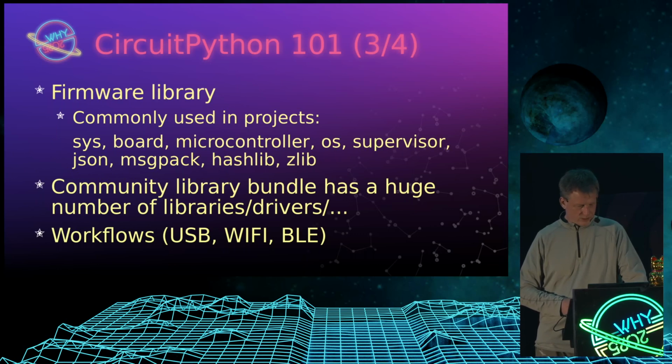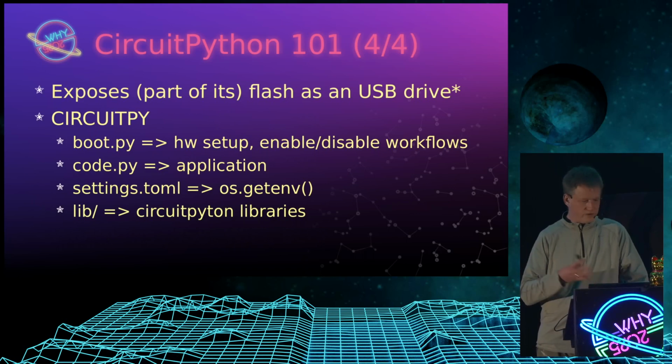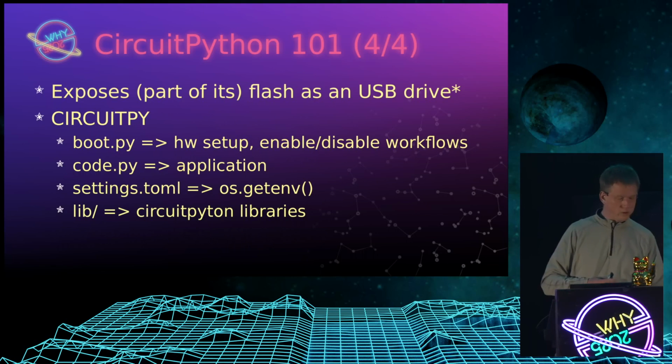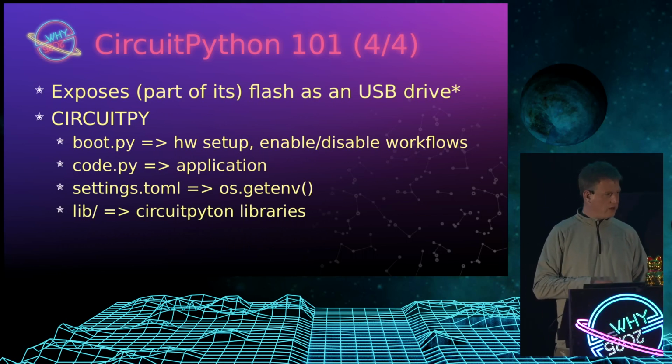Next part, and I just mentioned this, CircuitPython by default exposes part of its flash as a USB drive. So let's say you have 256K or 512K of flash. I don't know, half of that we used for code, for the CircuitPython runtime, a little bit for data that's used internally, and the rest is then used as a FAT file system most commonly.